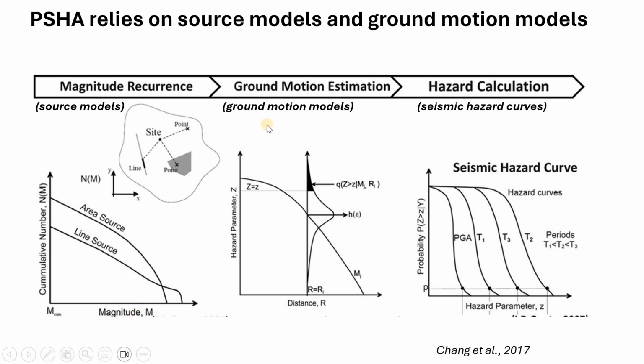Okay, and then the next thing we're going to combine that with is a ground motion model. So once we know something about the earthquakes themselves, we want to ask the question, what kind of shaking is that going to induce at our site of interest? And so these ground motion models typically are also represented by a curve that essentially relates some hazard parameter, typically ground acceleration, to the distance between the earthquake and the site.